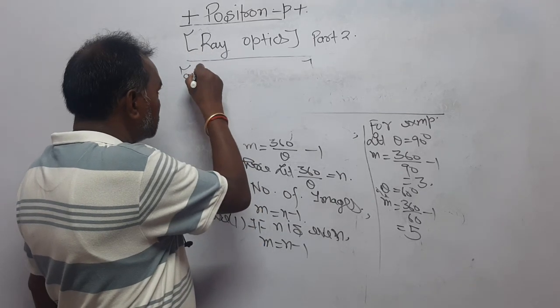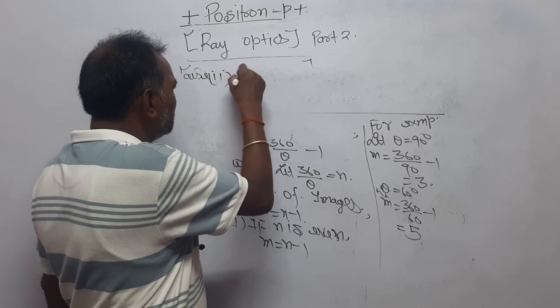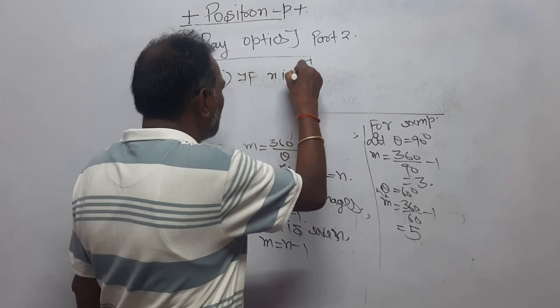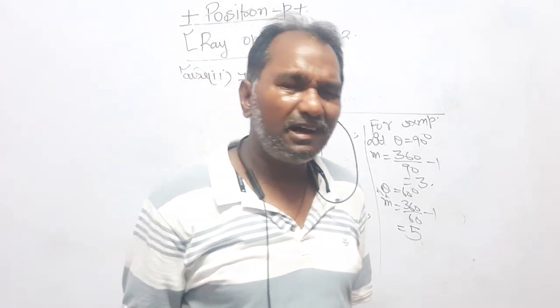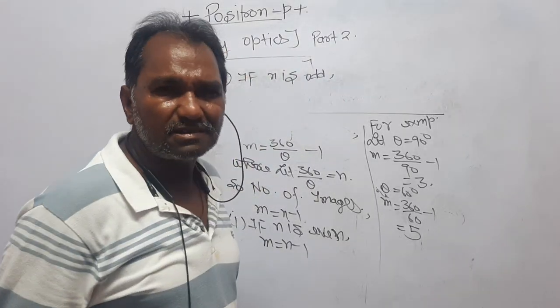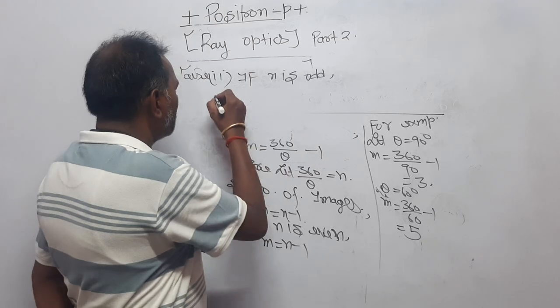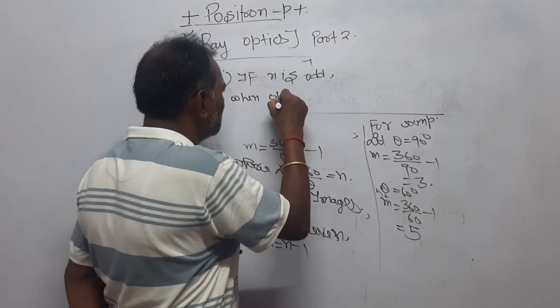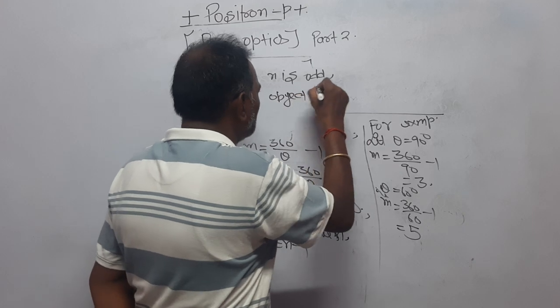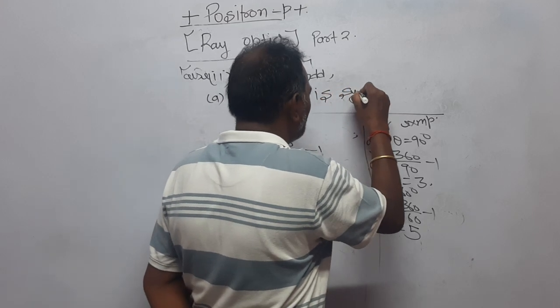Case 2: if n is odd. When n was even, the number of images was m equal to n minus 1. When n is odd, there are two cases. Part A: when the object is symmetrical.